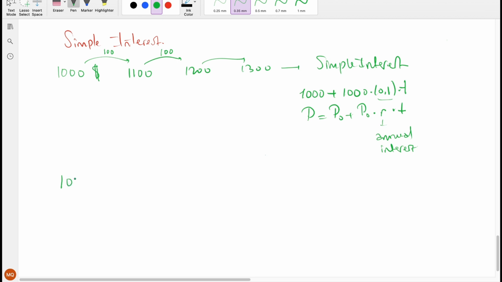Okay, now let's look at the second case. It is called compound interest. You have 1,000, you are getting 10%, so it is 100. First one is linear, second one is exponential.